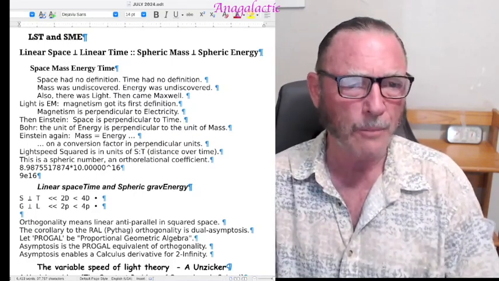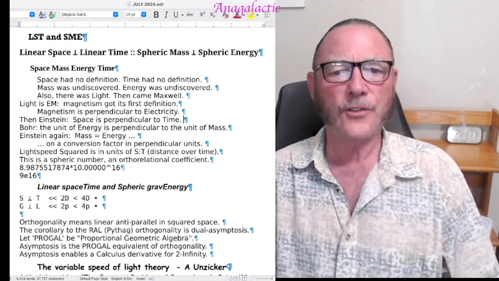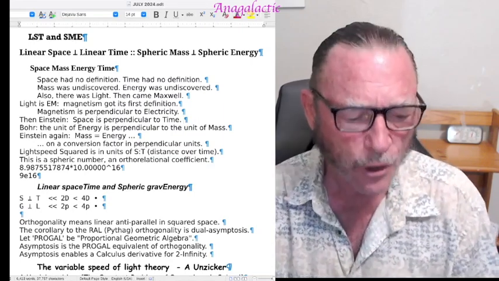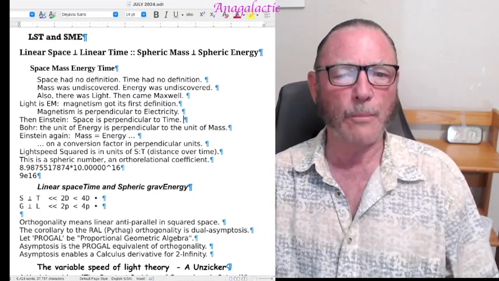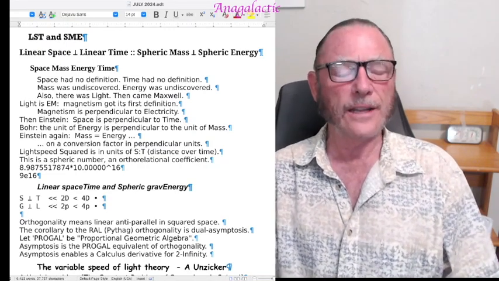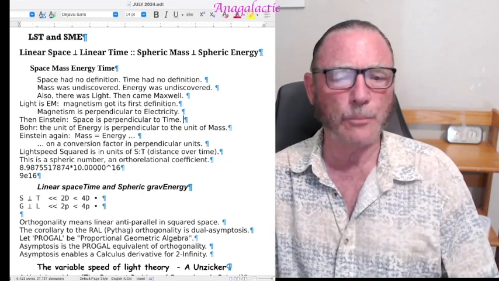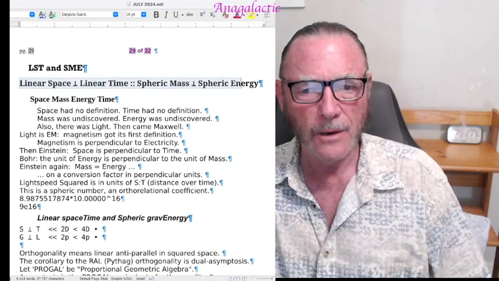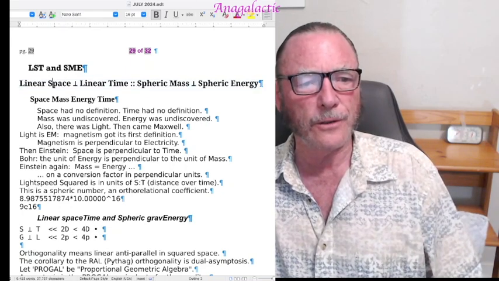Linear space being perpendicular to linear time was proved by Albert Einstein. Spheric mass being perpendicular to spheric energy could be stated if you know the geometry of the Bohr atom, whereby my statement is patently obvious and provable. But we're going to get to it. We're going to be able to prove what I say here, because this is a proportion, and proportions are critical for geometric insight. So linear space is perpendicular to linear time.